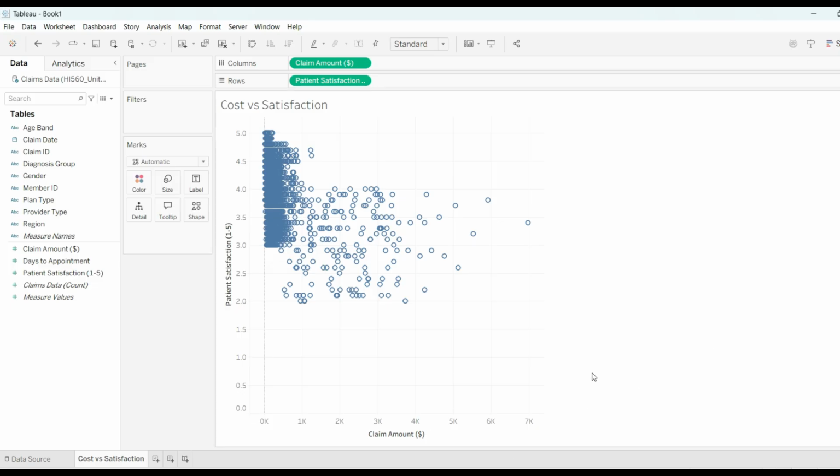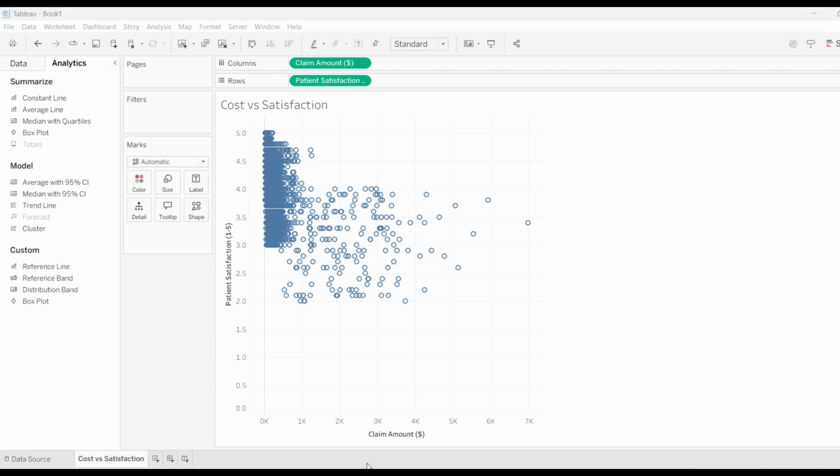So we are going to go over here, where you're normally used to seeing the data. We're going to click this Analytics tab right here, okay? There are some things that come up, like box plots and so on. We're going to choose a trend line.